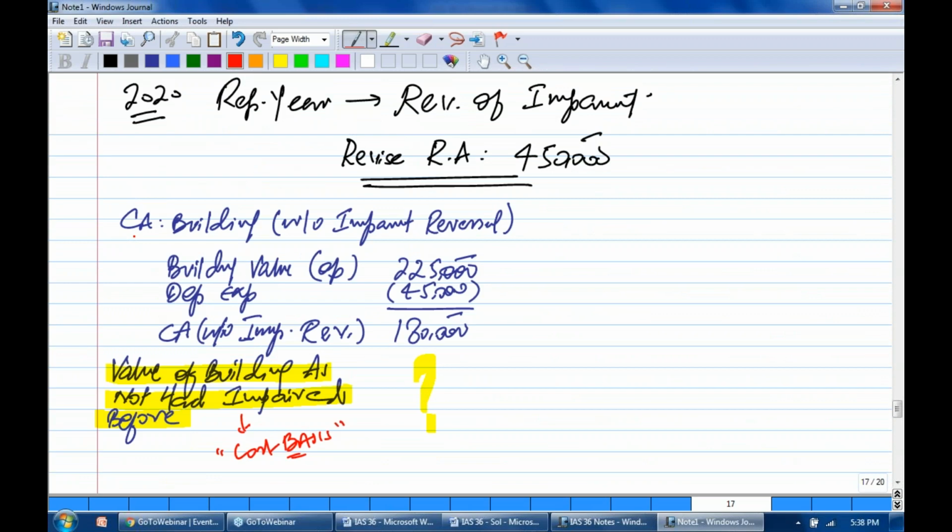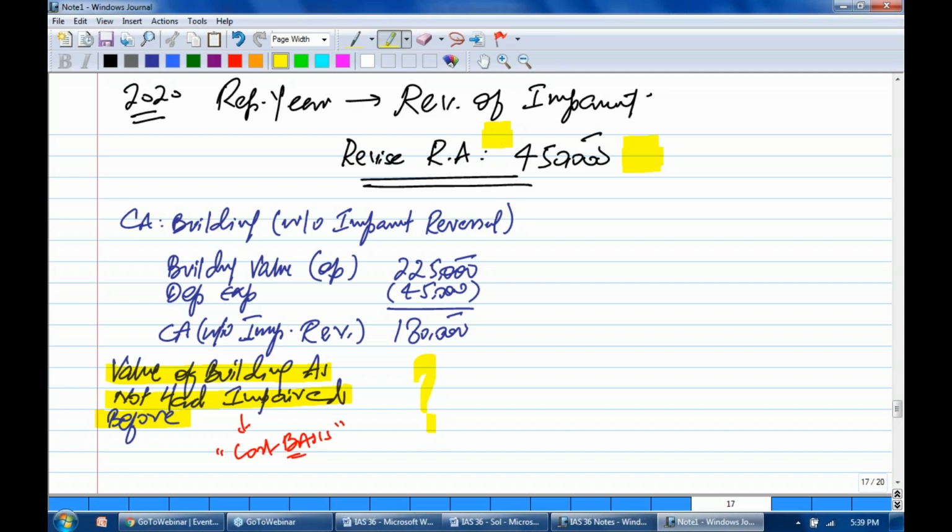So actually we are here to discuss that whenever we are making a reversal of impairment, we have to consider the working of value of asset that had not impaired before rather than new realizable amount or new recoverable amount.